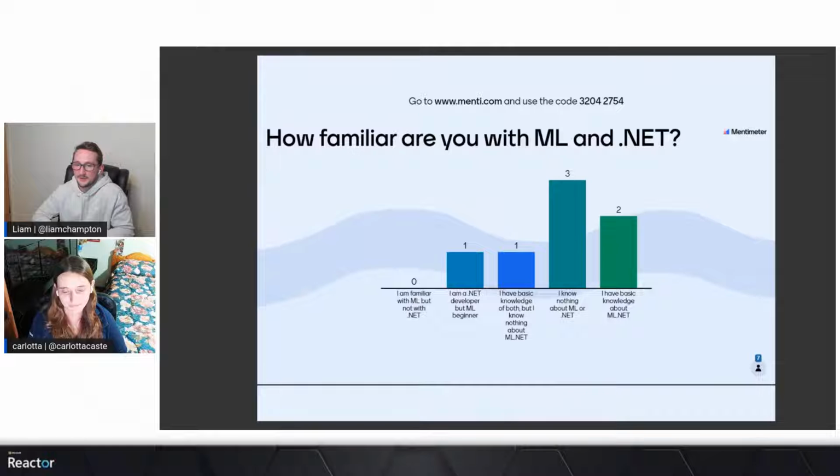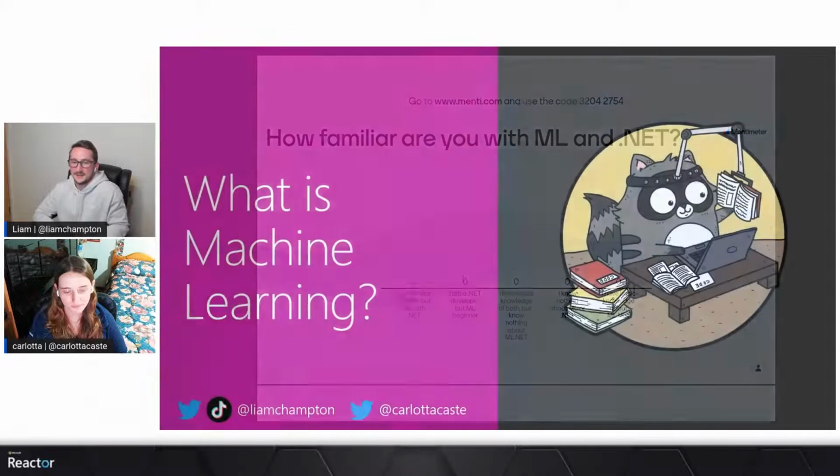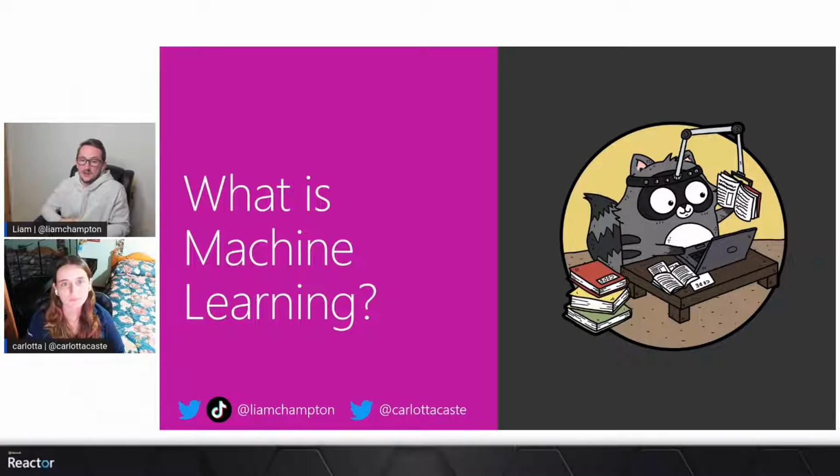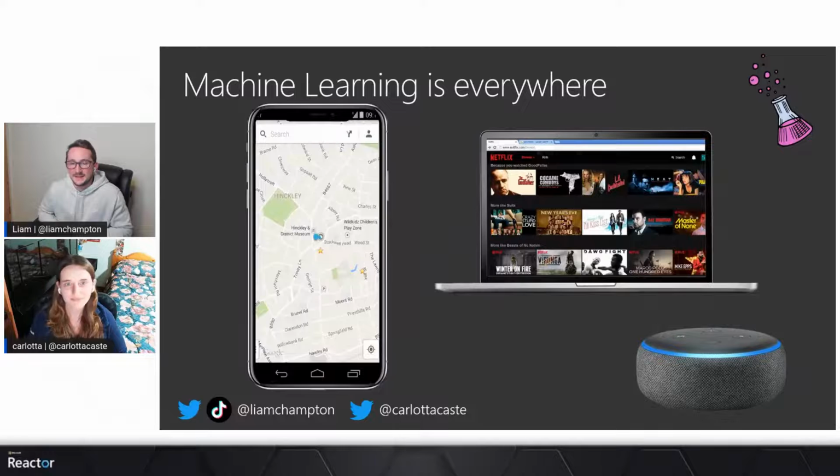Should we learn a little bit about what .NET is? And well, what machine learning actually is is the first question. So pop in the chat if you think you know what machine learning is, because this is a really interesting one. It's absolutely everywhere. Now, I am one of these stiflers in tech. I don't own anything smart in my home because I'm too paranoid.